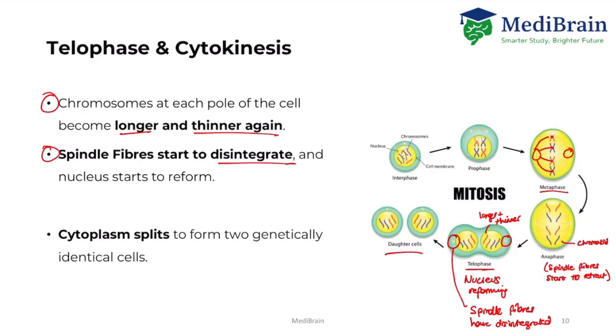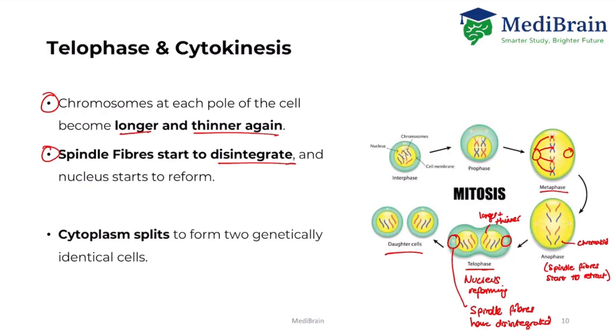Then you've got your metaphase. In metaphase, your chromosomes will align at the equator of the cell in a straight line. Okay, and what will happen is that the spindle fibers, which have come from the centrioles, will attach to the middle of each chromosome. That's where the centromere of the chromosome is.